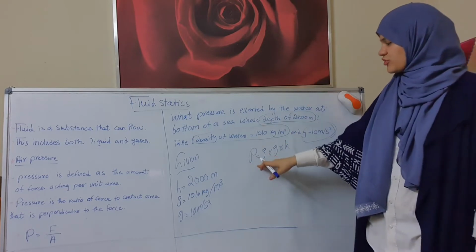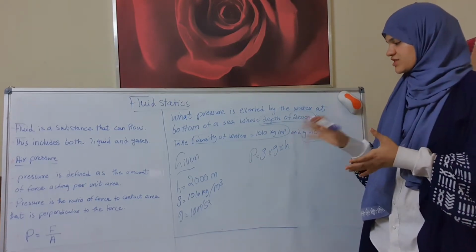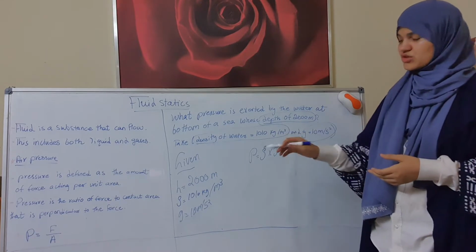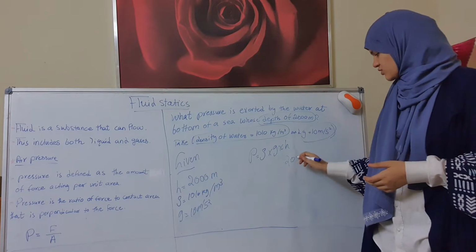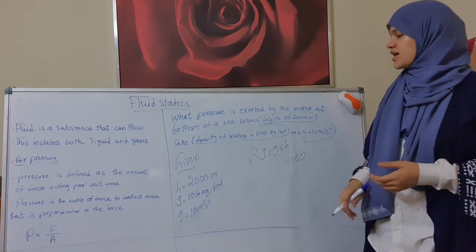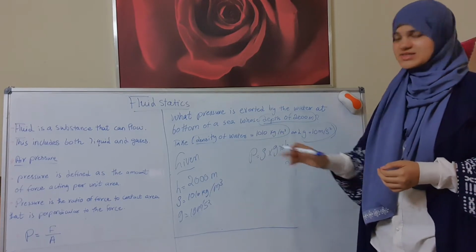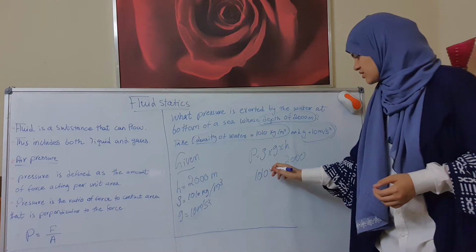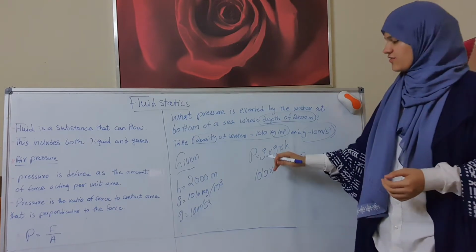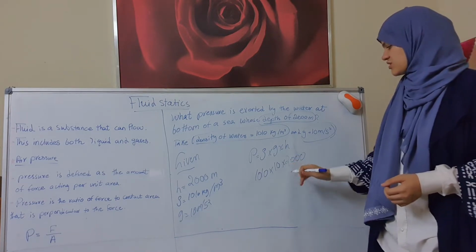Now we will put the numbers in place of their symbols. For example, in place of h we'll put 2000, and in place of density we will put 1010, times gravity, 10, times 2000.